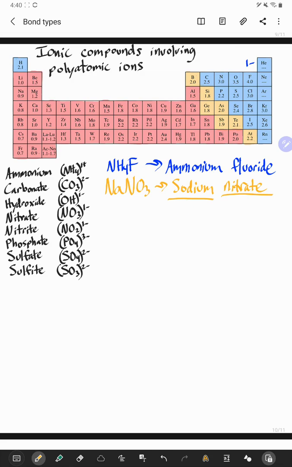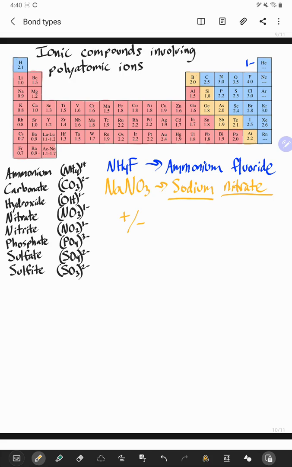So to remember that, maybe you can think about what this symbol means. Has anyone ever seen this symbol? Well, when we name it, we call it plus or minus. That's what that symbol means. I don't know about you all, but I have never heard somebody call this a minus plus symbol.